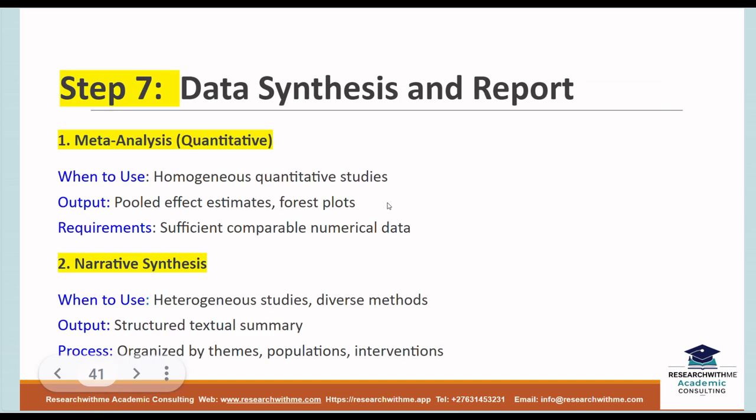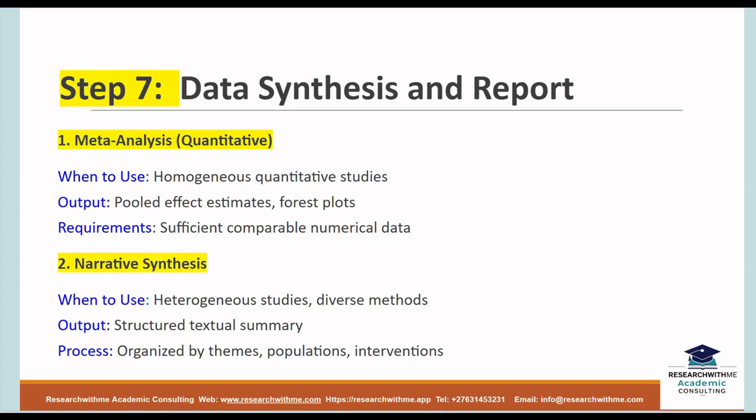So we want to look in details a little bit more about how to synthesize and when do you synthesize, what exactly are you looking at? You remember in our previous class, I talked about different types of synthesis. Synthesis simply means now you have 50 articles, still talking hypothetically.